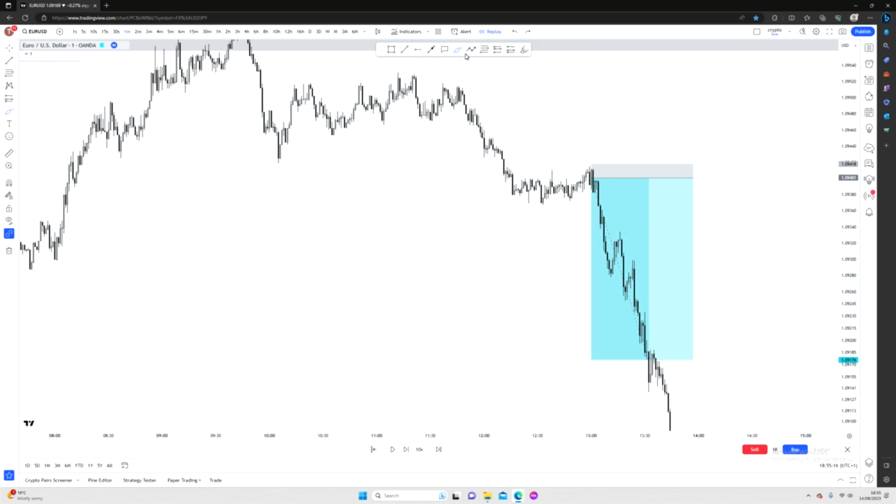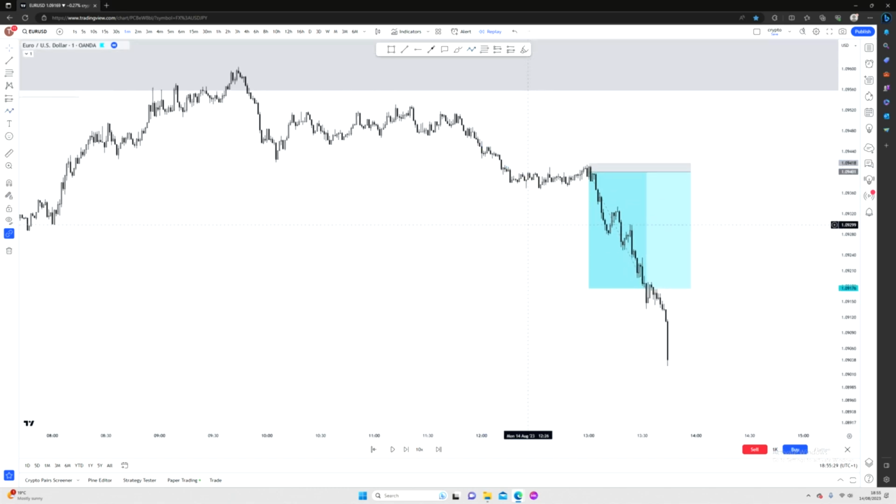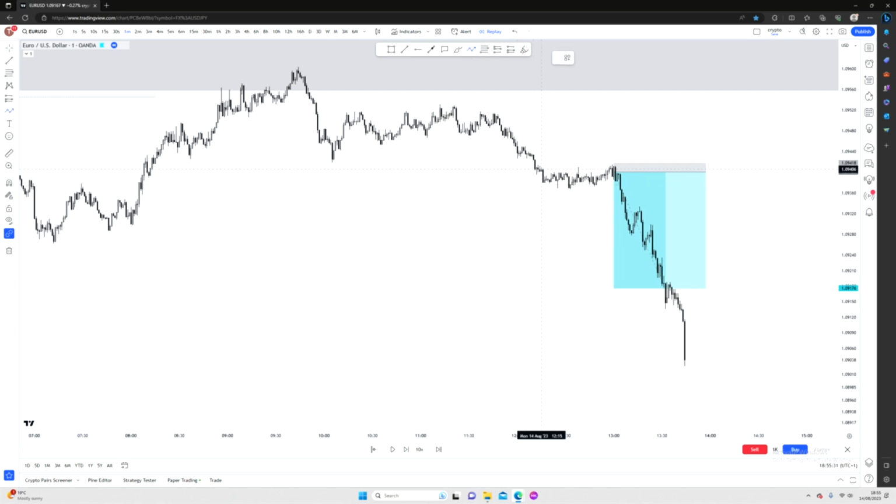What you want to see for Wyckoff is you want to see price basically form into your zone like so. Start taking out highs, start taking out lows, and again start taking out highs again. So if I draw this out for you, as it did with price, like so: liquidate, high, test, high, and here we go.